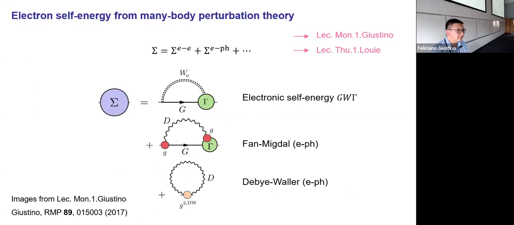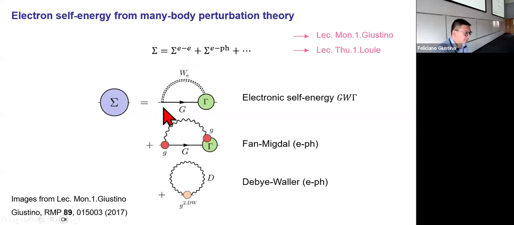So then let's see what we can do with GWPT. Let me also bring back this diagram. The self-energy can include many terms, for example, electron, electron-phonon, and so on, and they can come into each other in complicated ways.